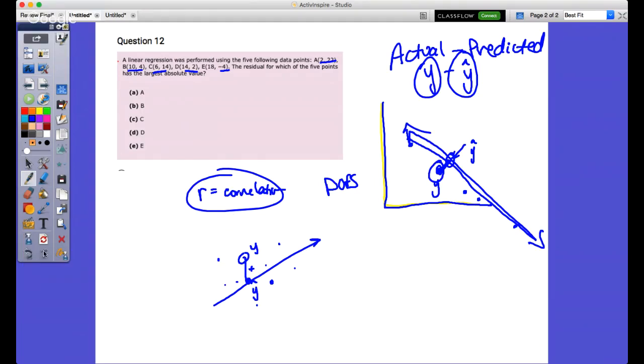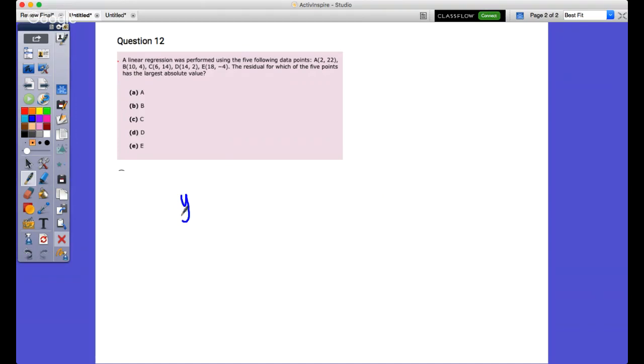Another thing you need to know is this idea of y hat equals ax plus b. So if I were to get the context of arm span explains height, I'm just making this up. In this example, the arm span is my x and the part that it's explaining is my y, or y hat.